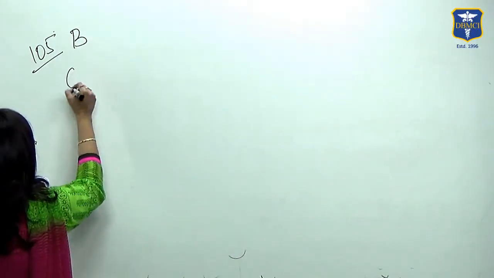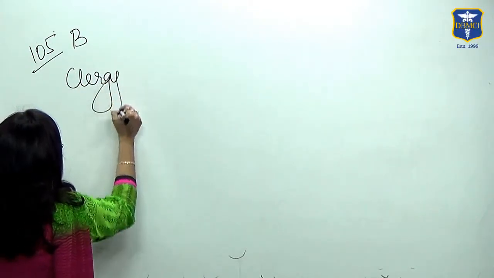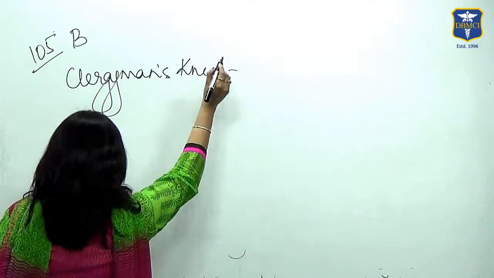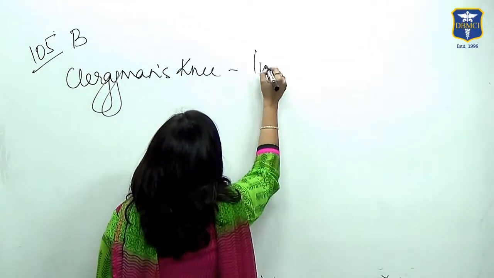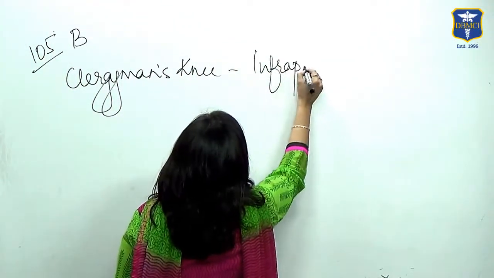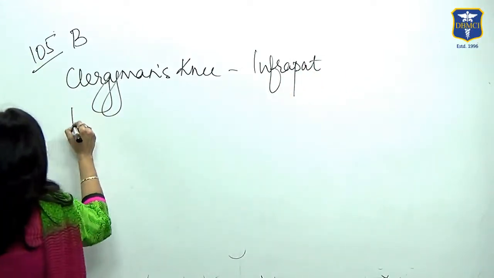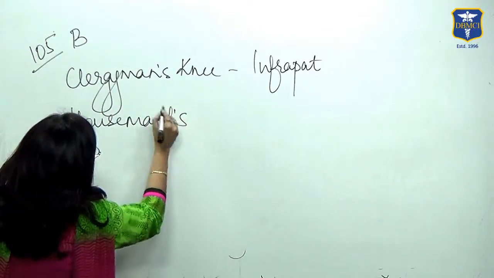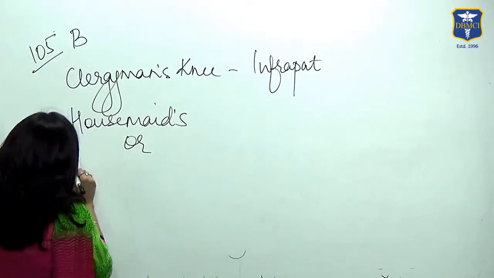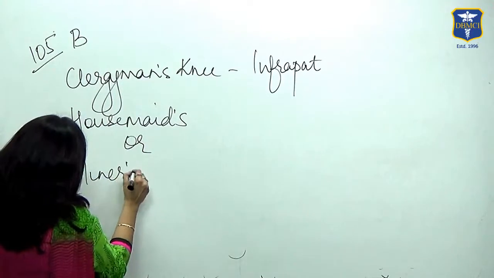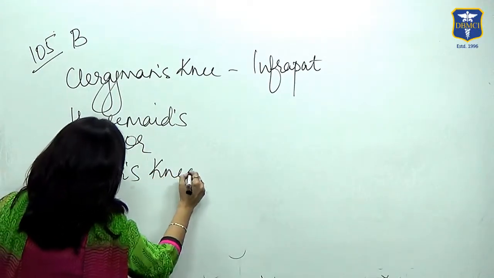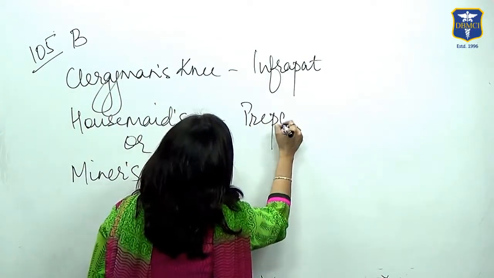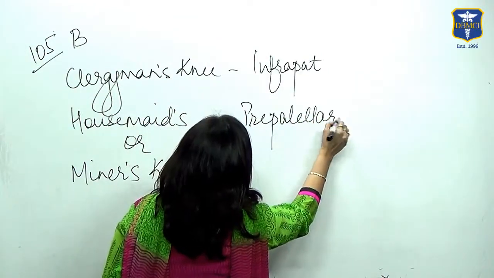So the clergyman's knee is inflammation of the infrapatellar bursa, whereas housemaid's or miner's knee is inflammation of the prepatellar bursa.